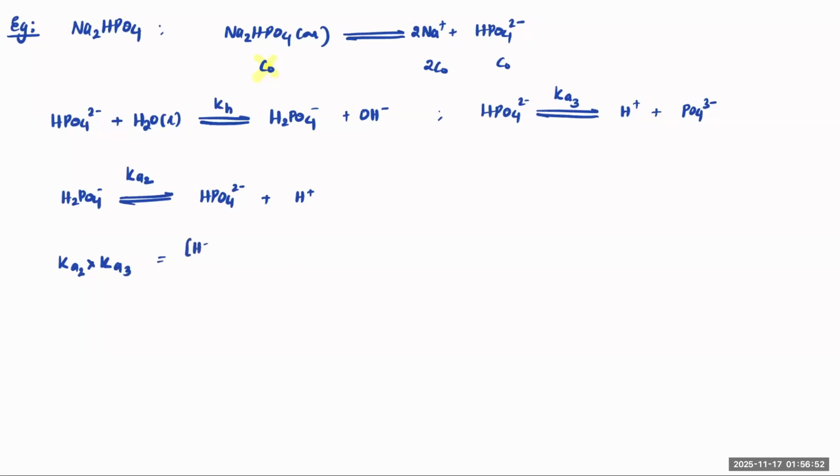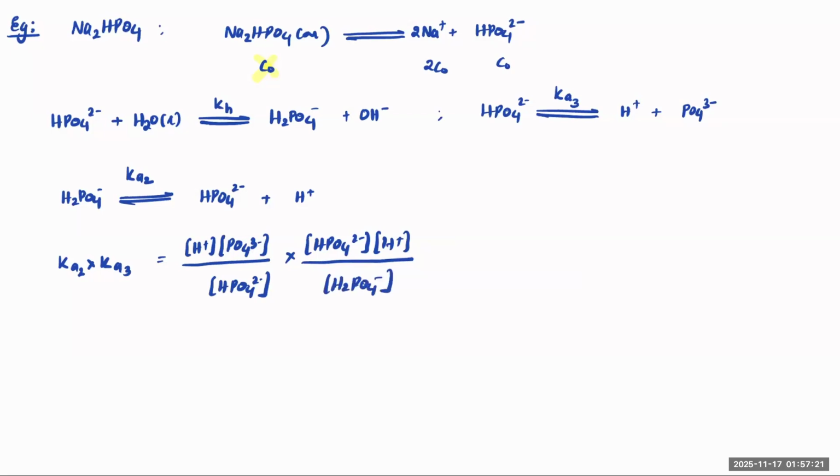Hence we will get H plus concentration into PO4 3 minus divided by HPO4 2 minus. This is the Ka3 value. What about Ka2 value? This multiplied by HPO4 2 minus into H plus ion concentration, divided by H2PO4 minus. Now you can clearly see that these two terms will get cancelled.